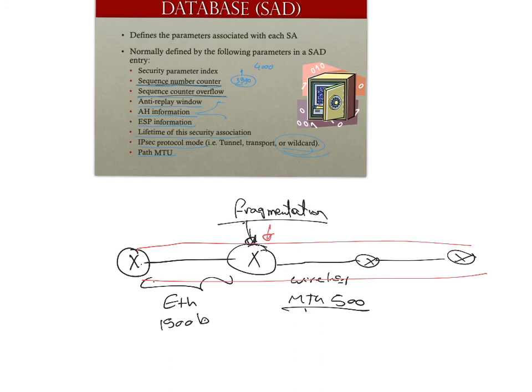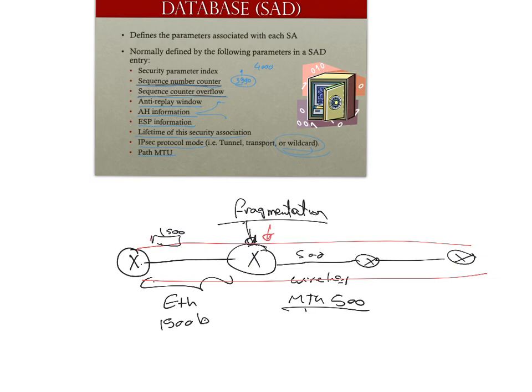It will complicate things. So it's not desirable to do fragmentation within the tunnel. But sometimes we have to. What if the packets are going this way and the length is 1500 and then it goes to here and the maximum transmission unit is 500? I have to do fragmentation.